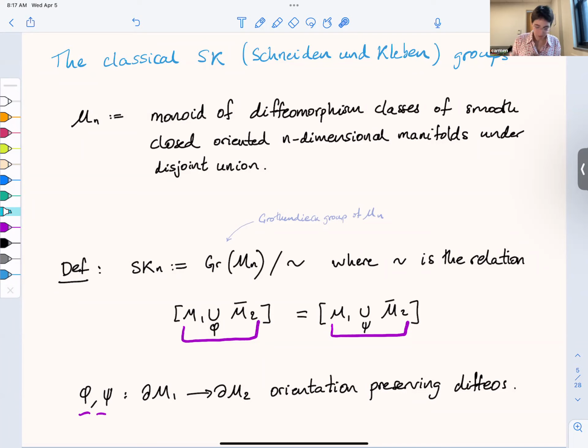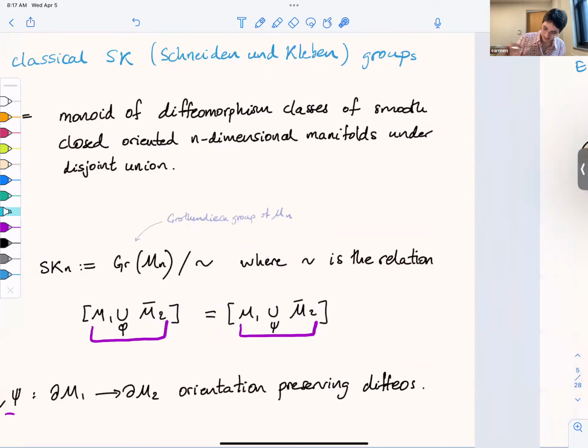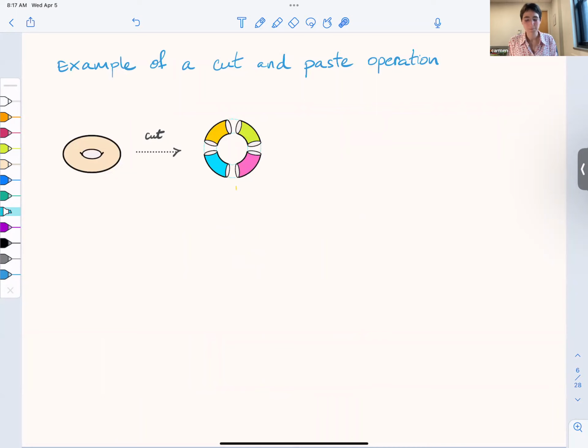Okay, so as promised, I'm going to give an example of an actual cut and paste operation on manifolds that's not just schematic, it's actually a real thing. So suppose that we start with this torus. It could be a 2-torus. And we do our cutting. We're going to cut along four places.